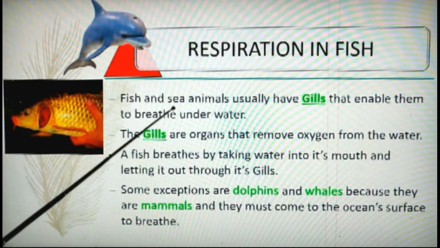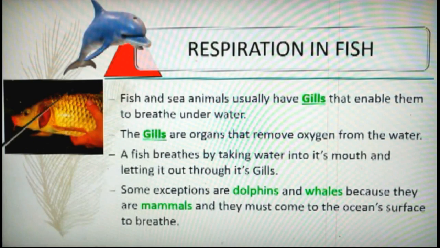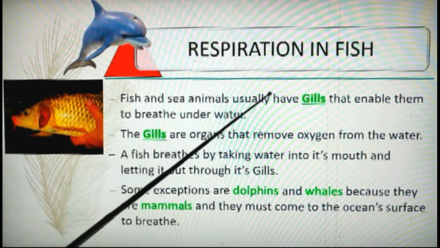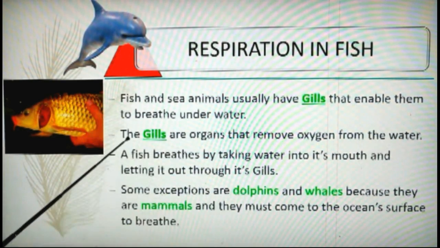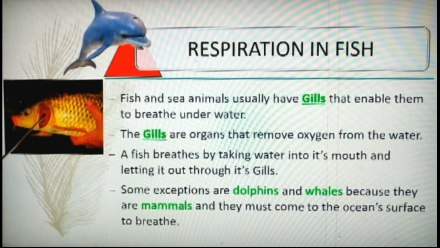This is how the fish breathe. So the respiratory organs of the fish are the gills. The gills are the organs that remove oxygen from the water.